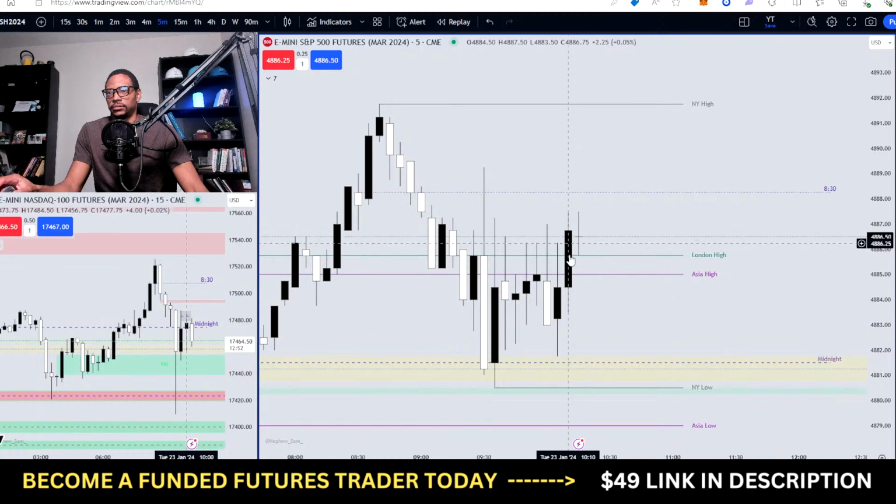Over to ES. All right, ES. The last candle did make a higher high than what has been here since the opening bell. Really, it's the highest closing candle since the opening bell. I know I looked at Nasdaq and I said, "Look at those wicks," but wow.